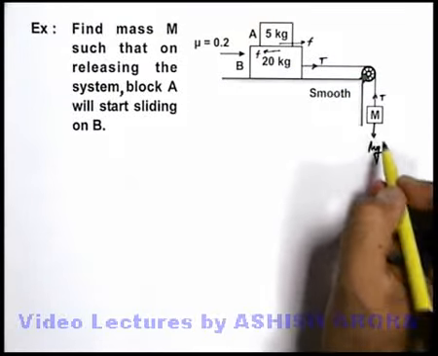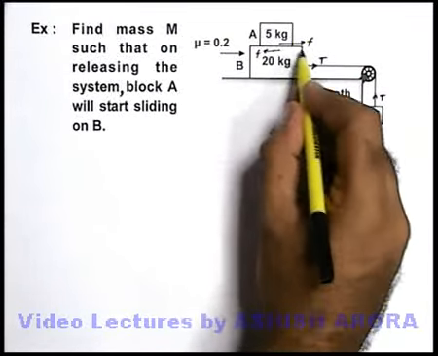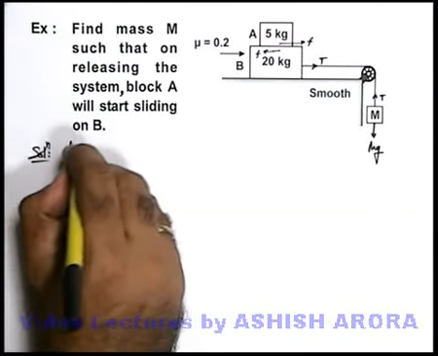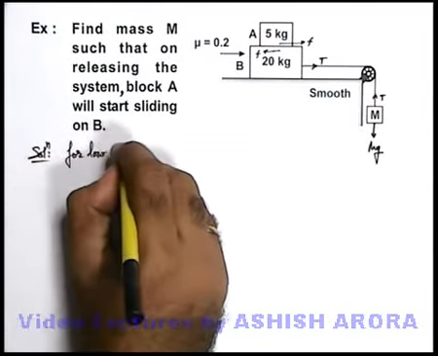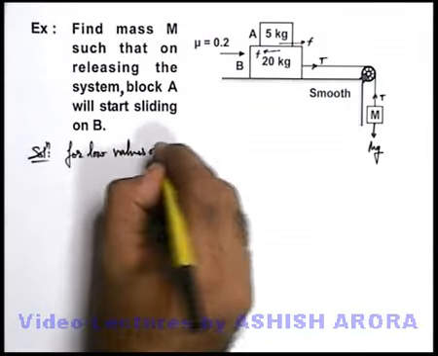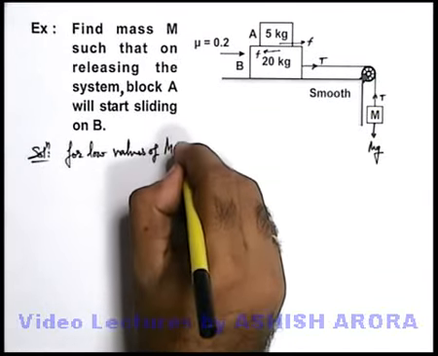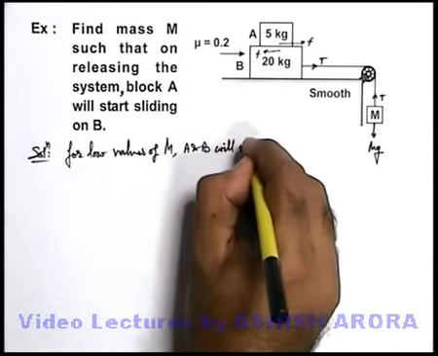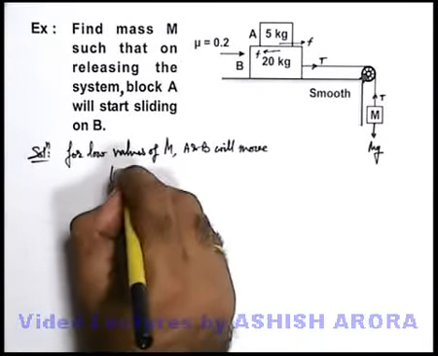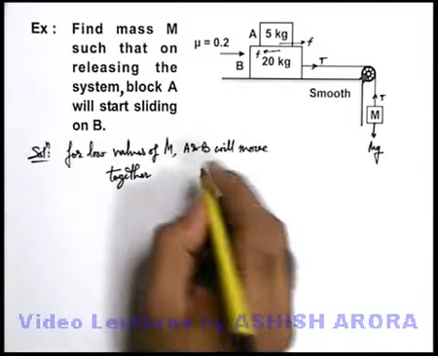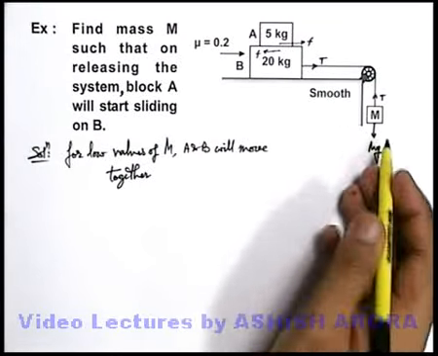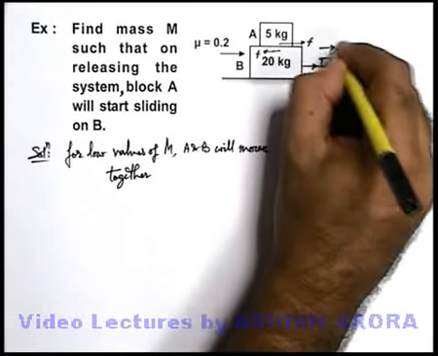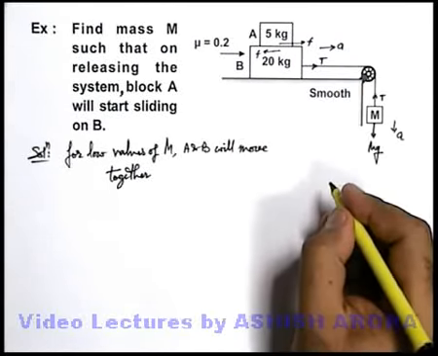And for low values of capital M, A and B will move together. We can write down the equations directly. If this block is coming down with acceleration a, these two will also move forward with acceleration a.